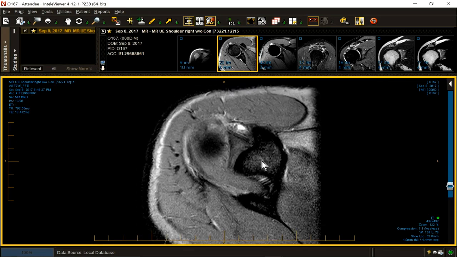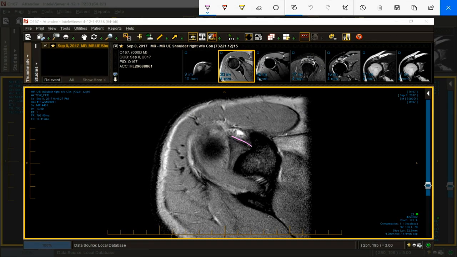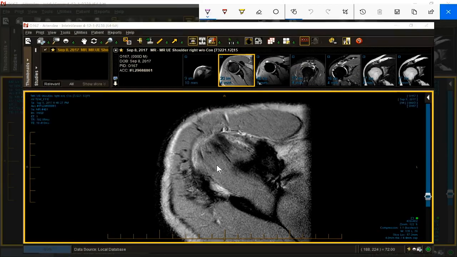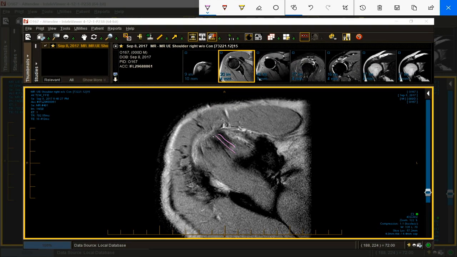So let's start up high. It is said that the rotator interval is a triangular space. You hardly ever get to see the triangle, but today, you do. There's your triangle. And then we've got some linear fibers. You've already seen cases where the fibers were gone, distorted, infiltrated, destroyed, failed.